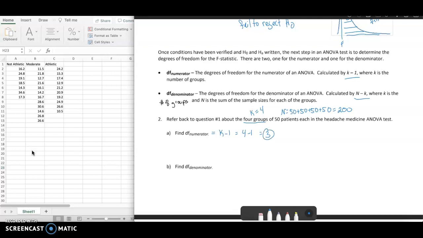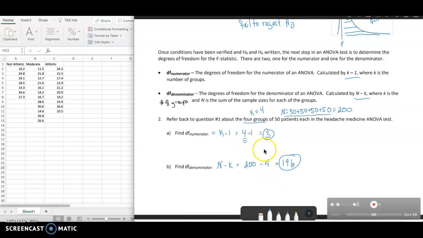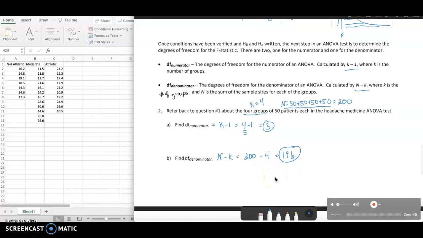And then to find the degrees of freedom for the denominator, we do N minus k, which is 200 minus, now be careful because k, remember, was 4, or 196 in this case. So you really just have to remember these two small formulas, and then usually you do have to go ahead and calculate that by information given before you go ahead and perform your subtractions.